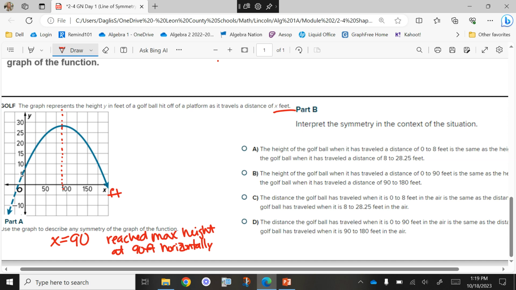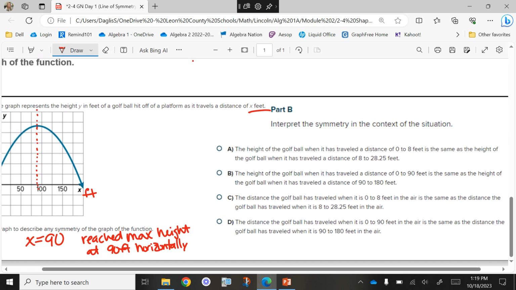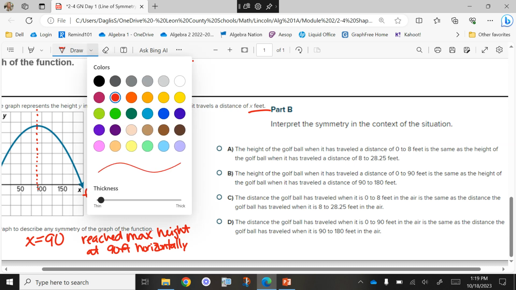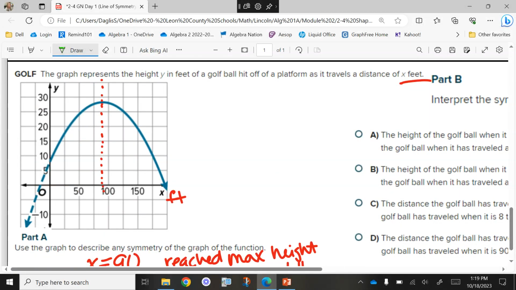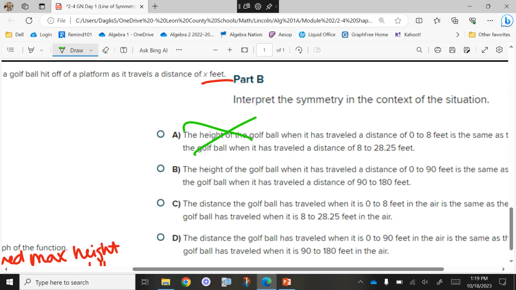The height of the ball when it has traveled a distance from 0 to 8 is the same as from 8 to 28.5. Okay, so 0 to 8. Yeah, definitely not. No.